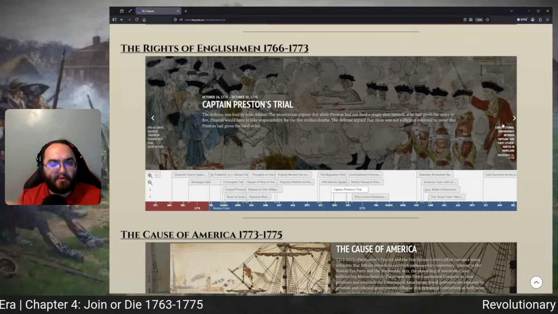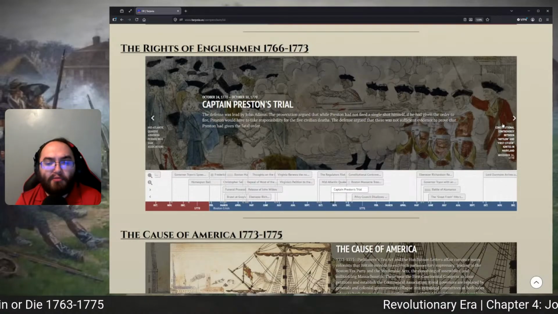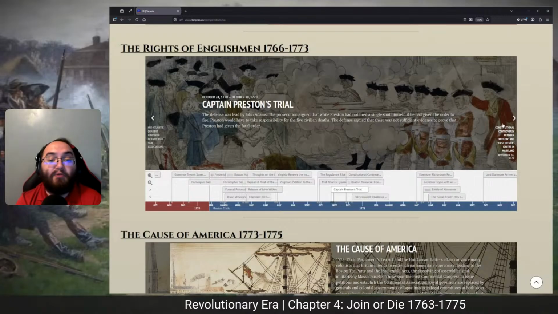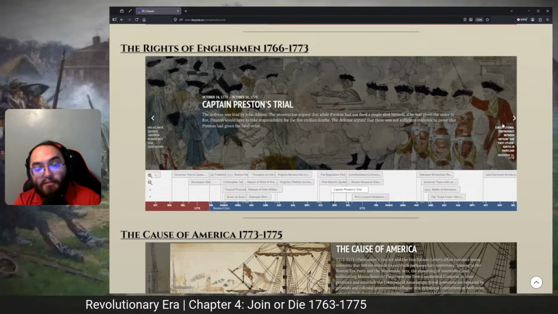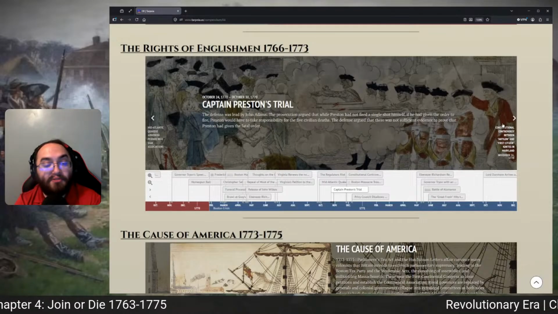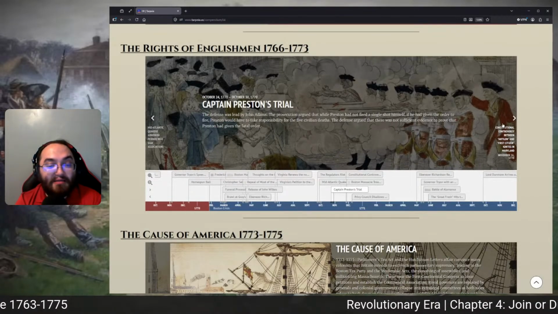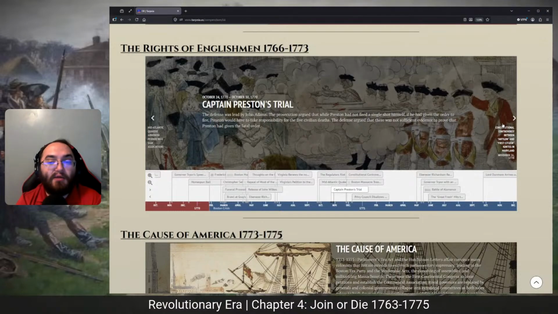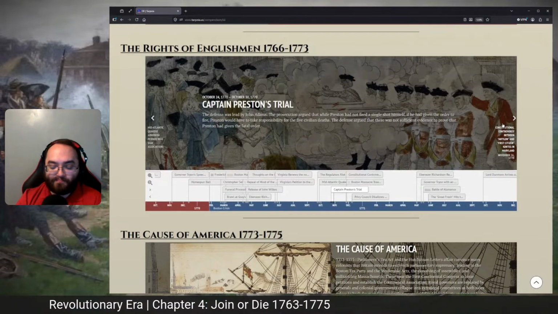The defense, led by John Adams, argued that there was not sufficient evidence to prove that Preston had given the fatal order, and that it was in self-defense. Even if he did give the order, it would be in self-defense, because the crowd was harassing the soldiers.